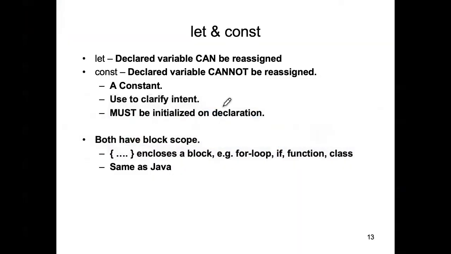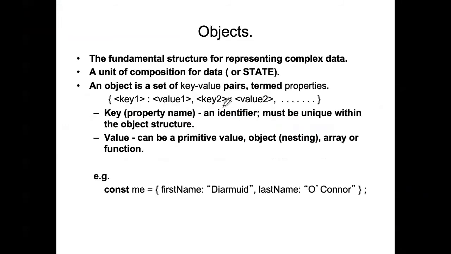Nothing too exciting there. The more exciting part, if there is an exciting part to data representation in JavaScript, is the role of objects. I'm saying the object is the fundamental unit of composition for any kind of non-trivial or complex data, and if we want to represent state in our code.